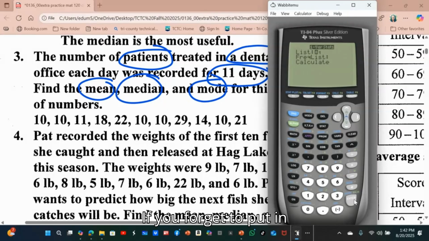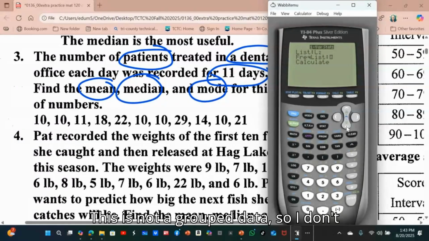If you forget to put in L2 there, then you screwed up because your answer will be wrong. So you make sure you tell the calculator the actual list where your data is. My data is raw data and it's in L2. And then I'll go down to frequency.